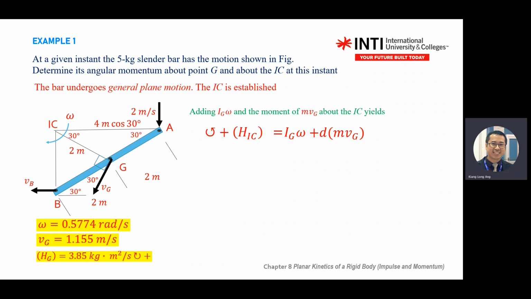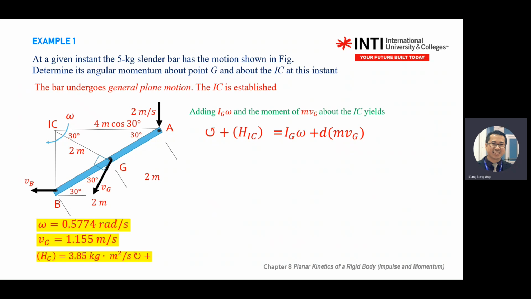What is IO again? IO equal to IG plus MD square. H equal to I omega, you just modify this one to IO. So once you modify the IG, you can derive this equation: I omega plus D MV.